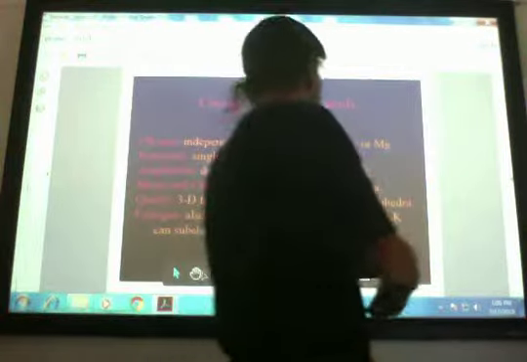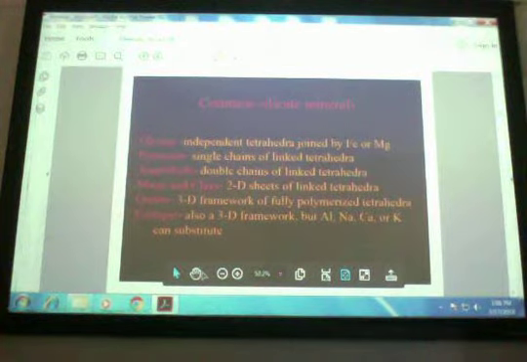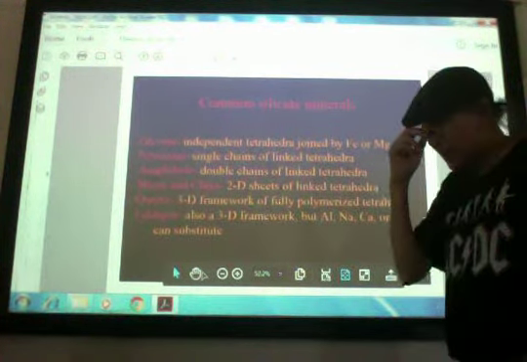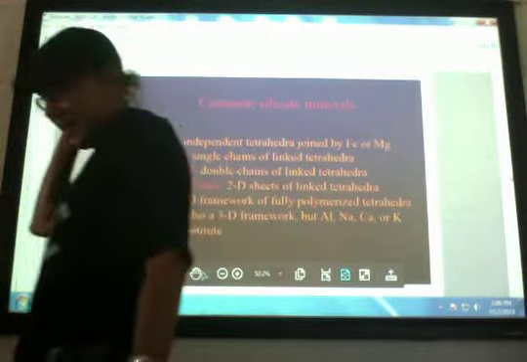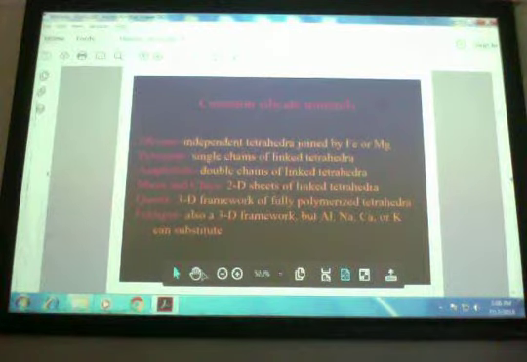I told you just before that the internal structure reflects the appearance of such a crystal or mineral. So that is the arrangement of the atoms.